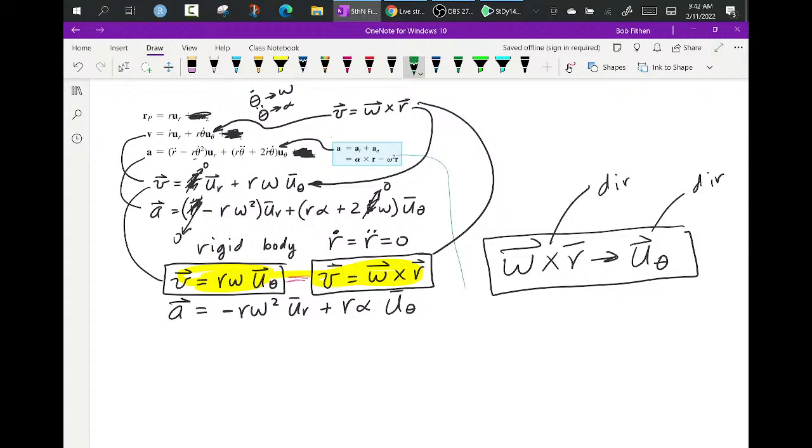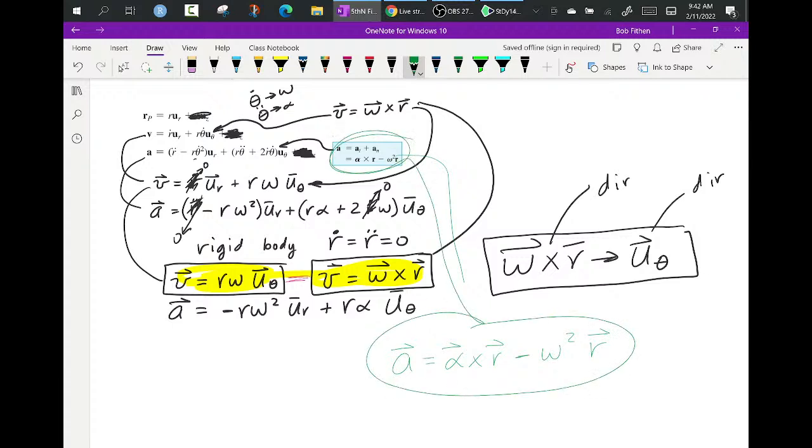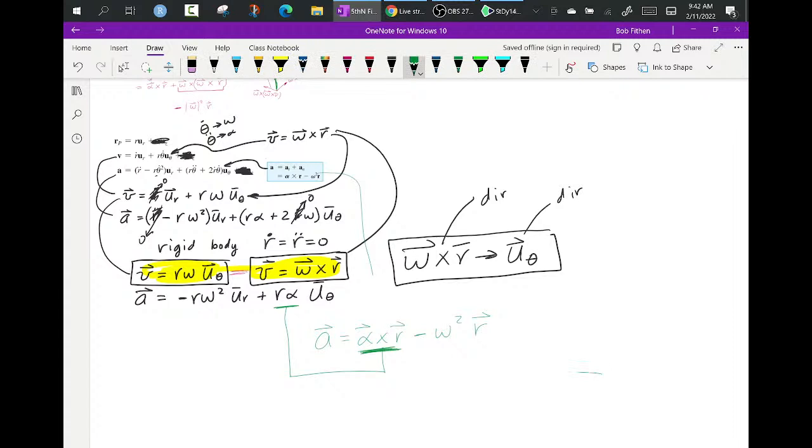Now, if you look at this new equation, acceleration is equal to alpha cross r minus omega squared r. I just copied that down here. If you stare at this, you'll realize that and that are the same thing. Take a disk spinning about some axis, and take some point here.